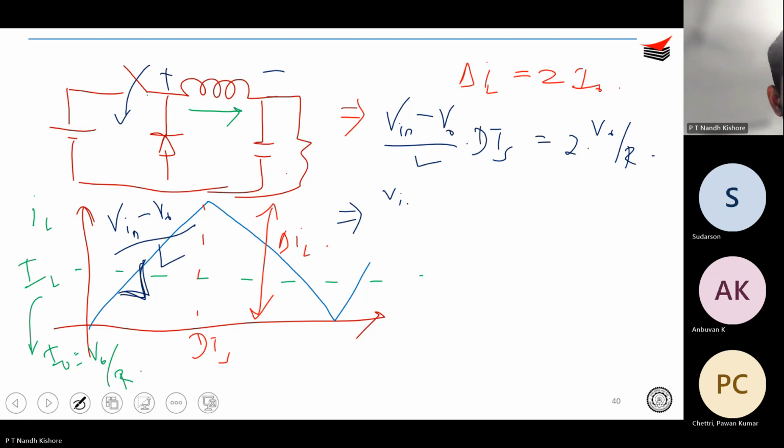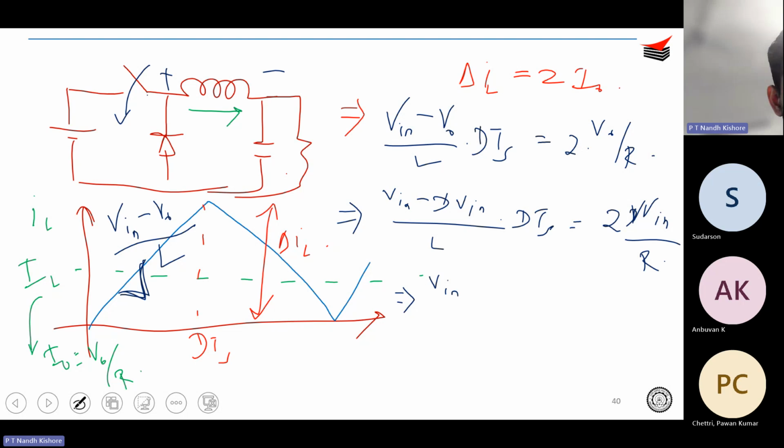So Vin minus dVin by L into dTs is equal to 2 times dVin over R. Okay.